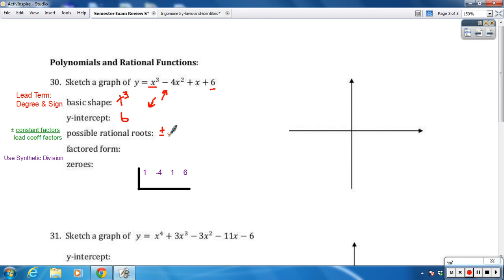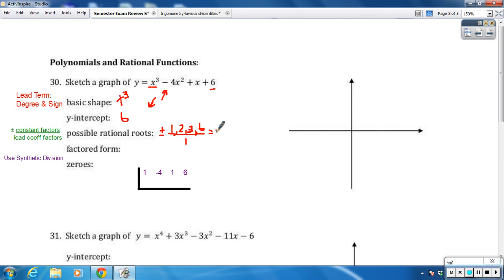So I'm going to take my 6 and identify all the factors it could have: 1 is always a factor, 2, 3, and 6. The only factor of 1 is 1, so that makes it a little bit easier for us. If I break this apart, I would have 8 different possible roots, zeros, or solutions.